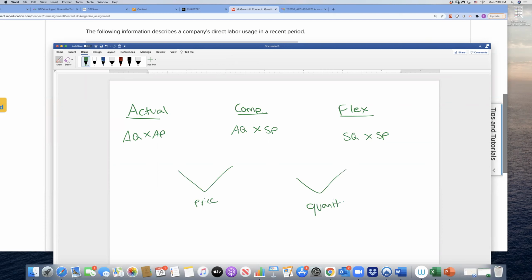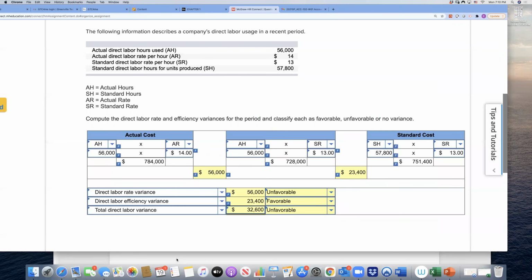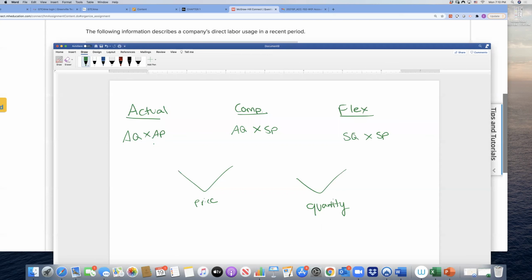Again, why one is the price and one is the quantity variance has to do with what we're comparing here. If these two columns are different, it's not because they used a different quantity. This has actual quantity, this does too.